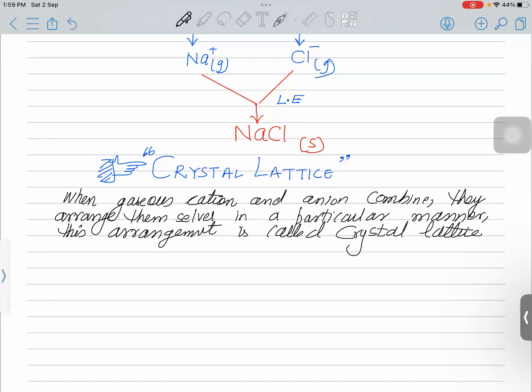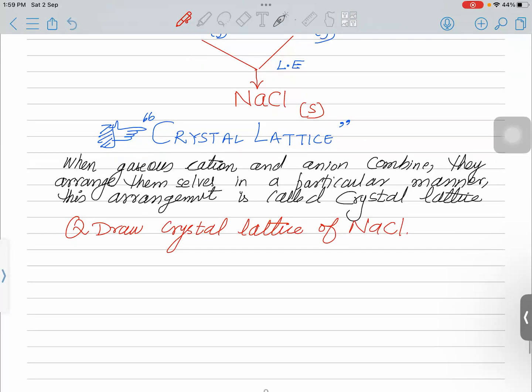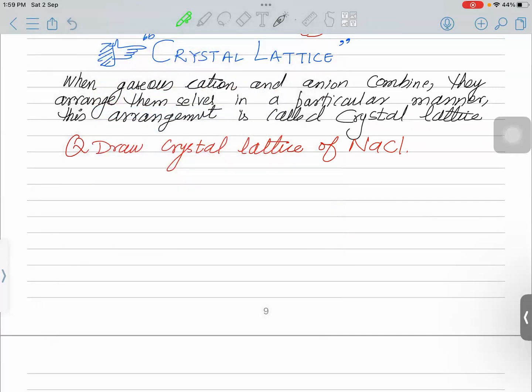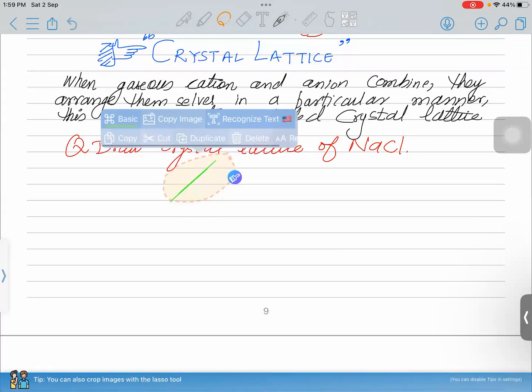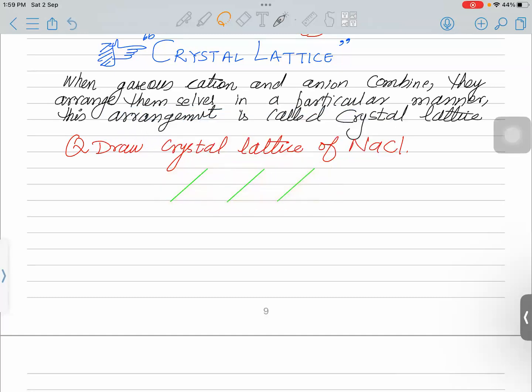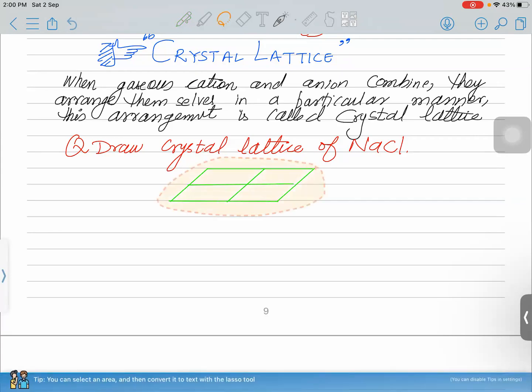Now question: draw the crystal lattice of NaCl. Now look at this picture, right? So we have another type.